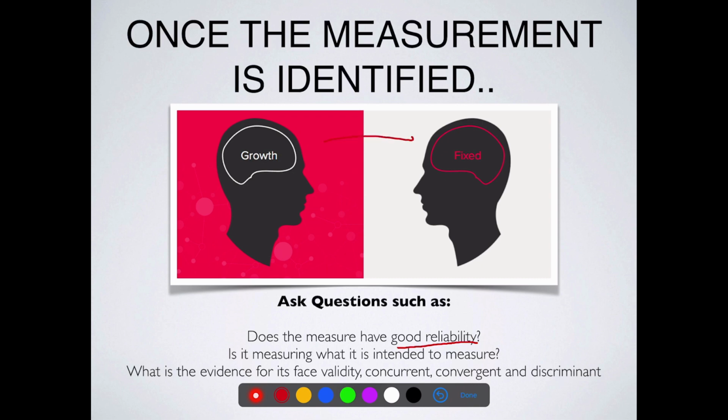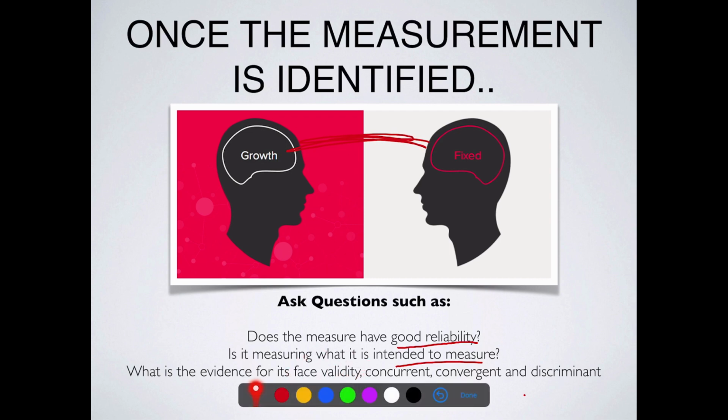If they move between these two each time you measure them, then there's some issue with your measurement. Is this measure of mindset actually measuring what it was intended to measure, right? And then you have all these other aspects of validity we can take into account.